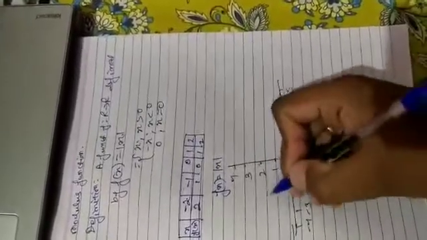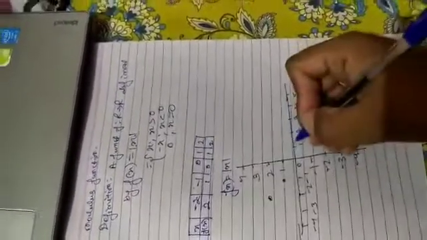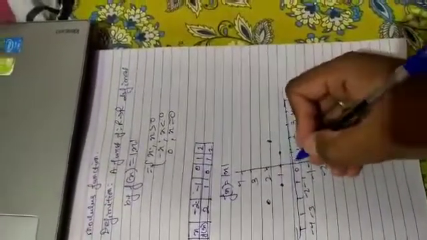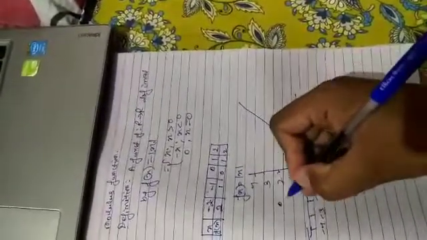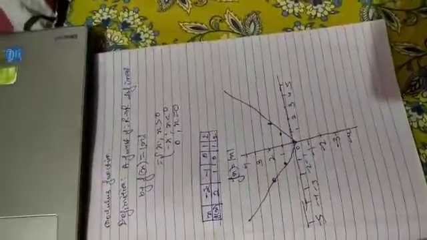So I think here will be the points. For 1, 1; for -2 it's 2. Here also for 1, 1 and 2, 2, and for 0, 0. So it will look like this. Here is a straight line and here is a straight line. This will be your modulus function. Okay, now the next one is the signum function.